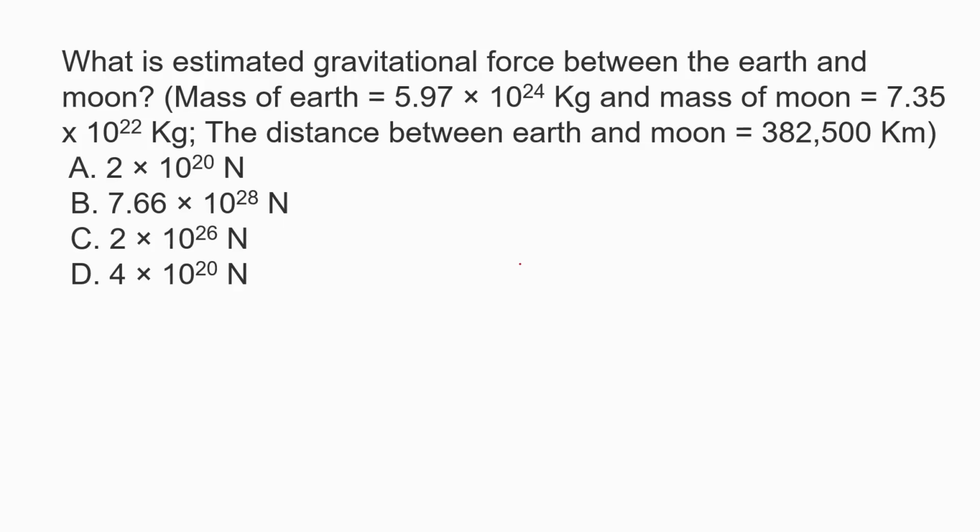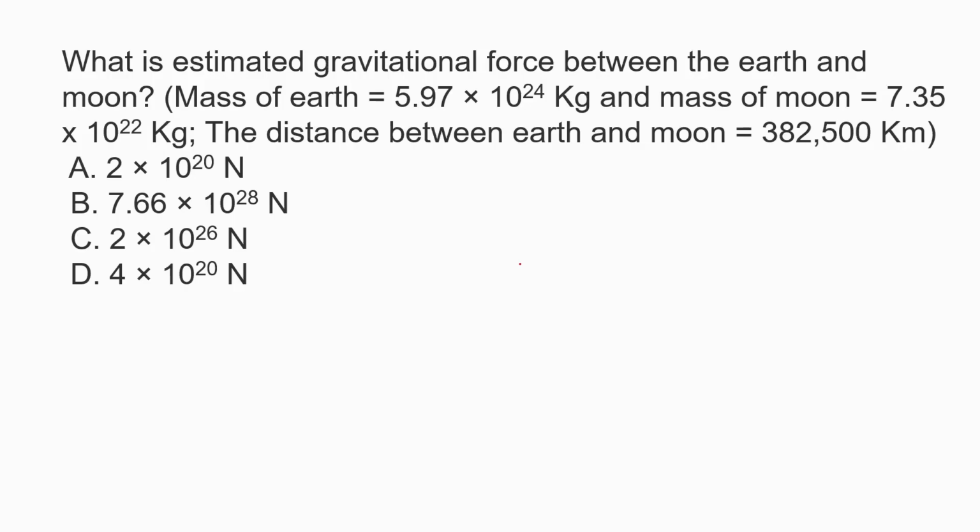The distance between Earth and Moon is 382,500 kilometers, and the estimated force is option A, 2 into 10 to the power 20 Newton, B, 7.66 into 10 to the power 28 Newton, C, 2 into 10 to the power 26 Newton, D, 4 into 10 to the power 20 Newton.